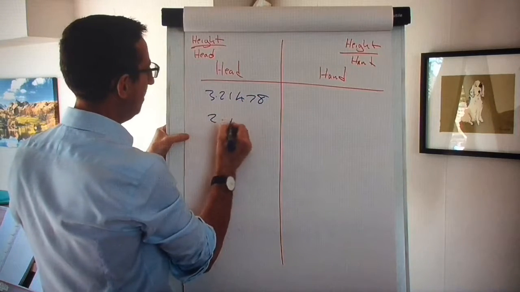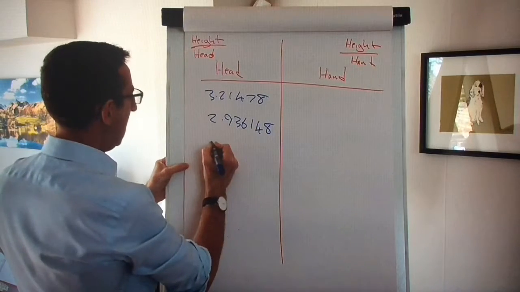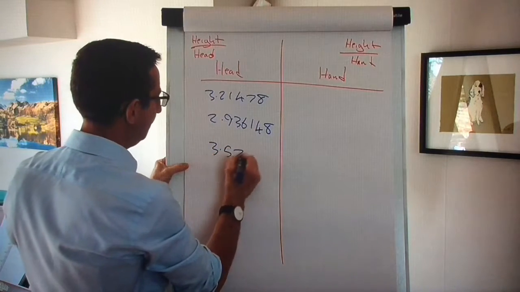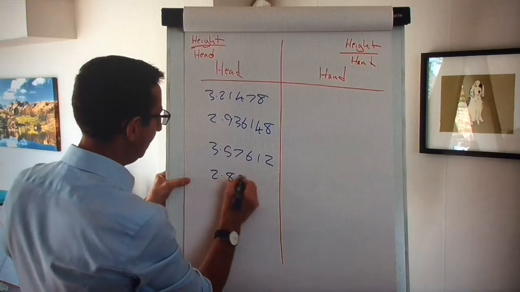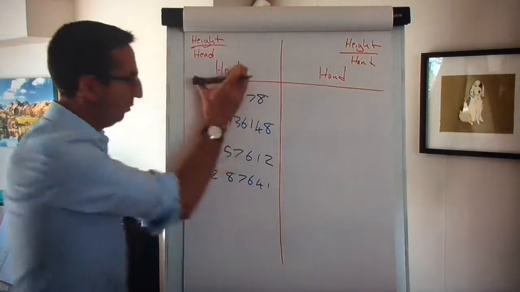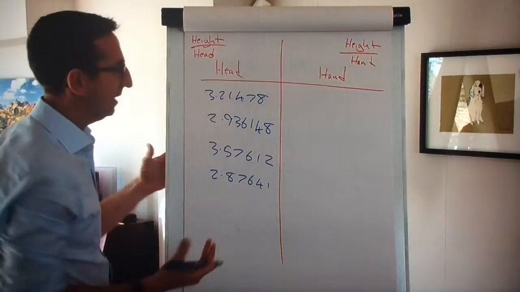3.21478, 2.936148, 3.57612, 2.87641, a whole range of numbers on here. Some of them will get them swapped round, and I quickly realise that.